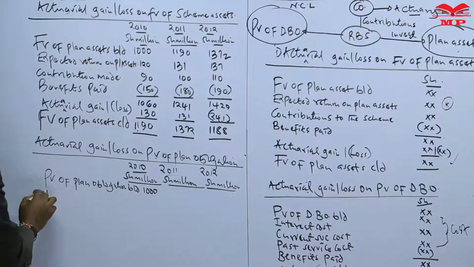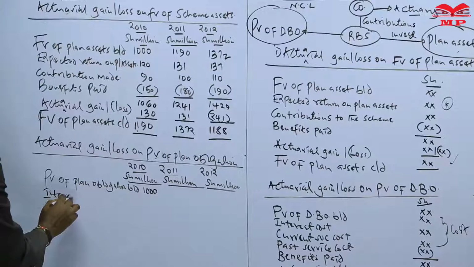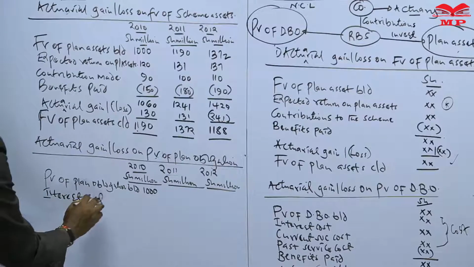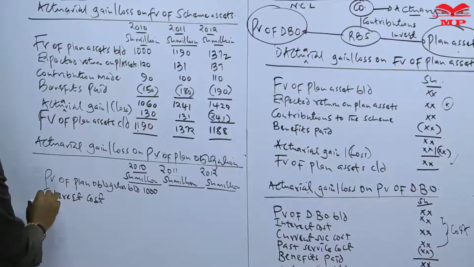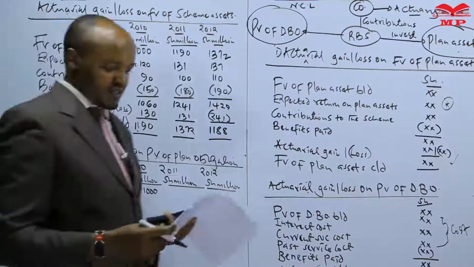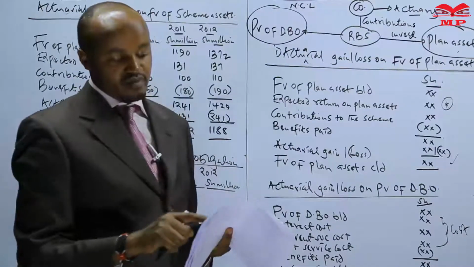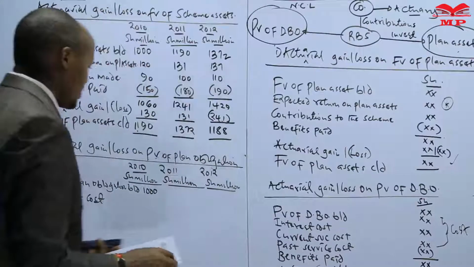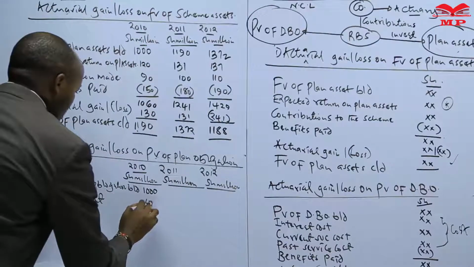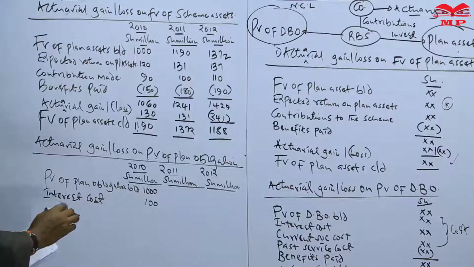Then to this we add interest cost. Now this interest cost is computed using a rate which is known as a discount rate. Always you'll be given that discount rate, so we get 10% of that, which will give us 100.